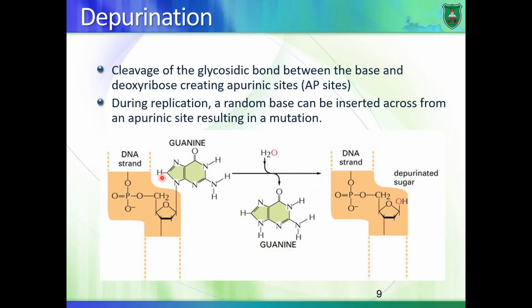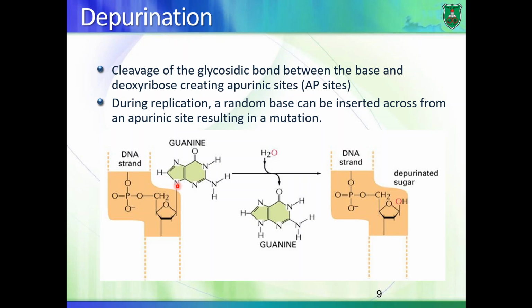Okay, so let's talk about depurination first. So depurination, removal of a purine. Right here you have a nucleotide that is part of a DNA strand. Remember this bond right here? It's called the glycosidic bond. It connects the nitrogenous base with the sugar, with the deoxyribose.